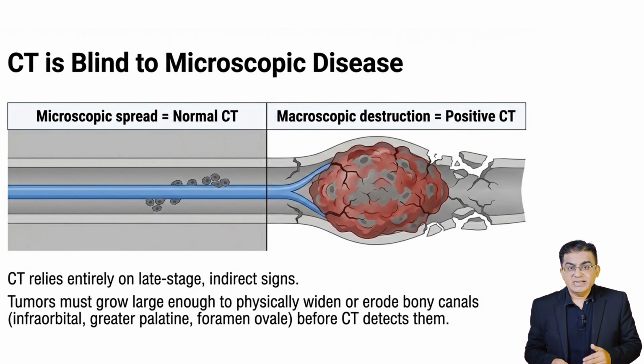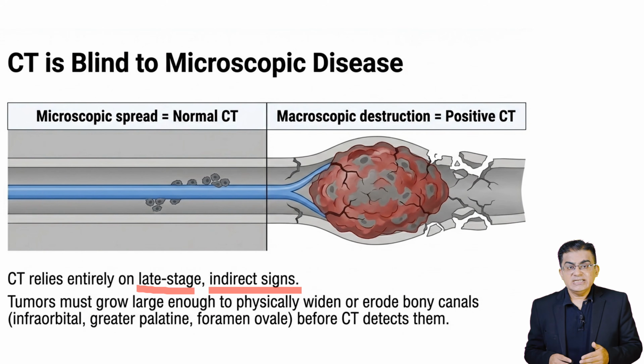Why was CT blind there? Why is the CT missing PNI 1 out of every 8 cases? Because CT scan relies on indirect signs of PNI, which occur late. What does it mean? You can see bone invasion well and early on CT scan.